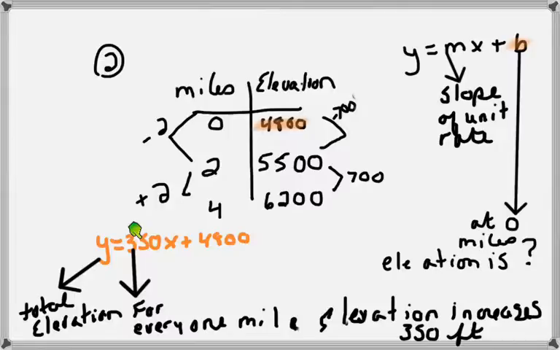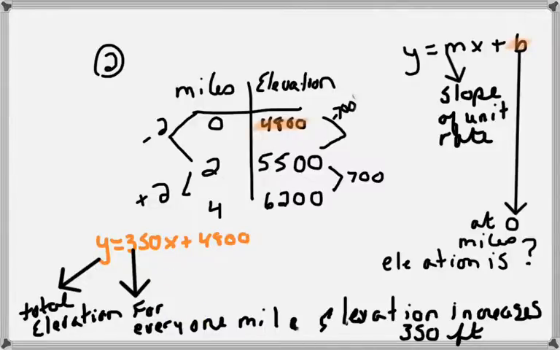So my equation, the m is 350 and the b is 4,800, is y equals 350x plus 4,800. And now remember that our new rule is that we always have to label everything. So the y is the total elevation. The 350 is for every 1 mile, elevation increases by 350 feet.